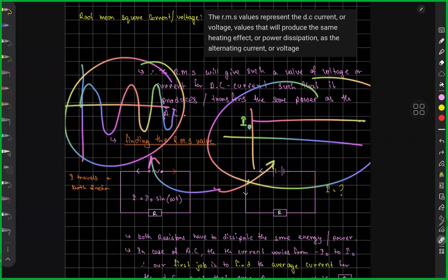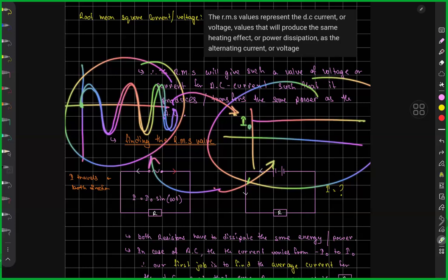That is where we want to go to. That is, how do I find from an alternating current situation a constant current that produces the same heating effect, the same power dissipation? How do we do that? How do we find that constant current?